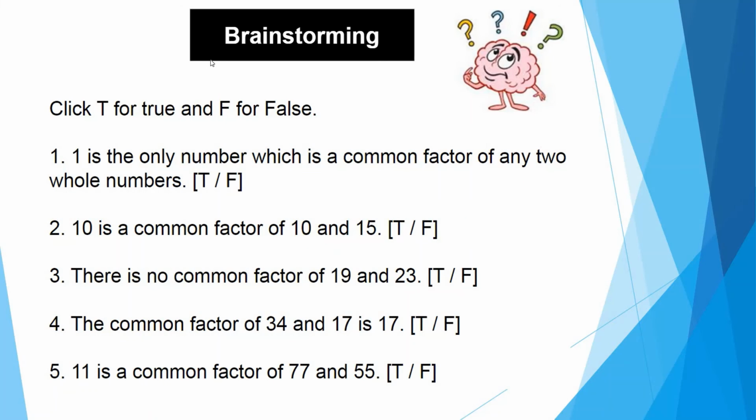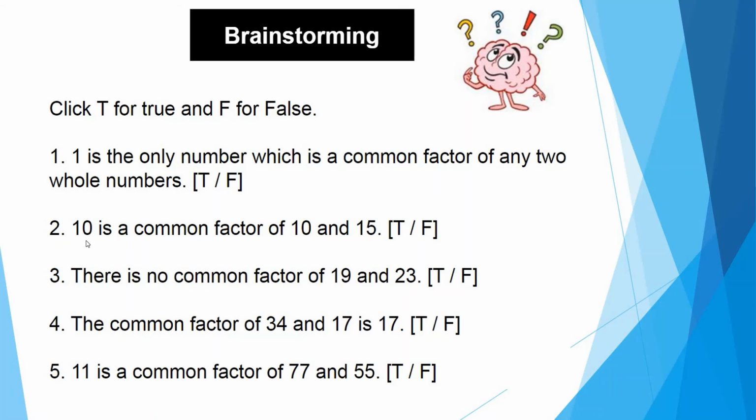Now friends, I have another set of questions for you. You're going to tell me whether the given statements are true or false. 1 is the only number which is a common factor of any two whole numbers.